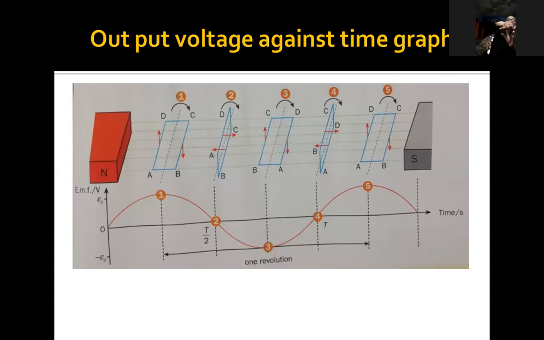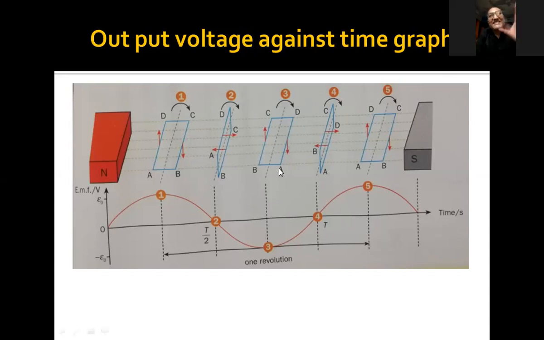The magnetic field is from north to south. The second finger is pointing towards me. I have to twist my arm. So because it's moving downward, the second finger is pointing towards me. It means that the current will be flowing from D to A.